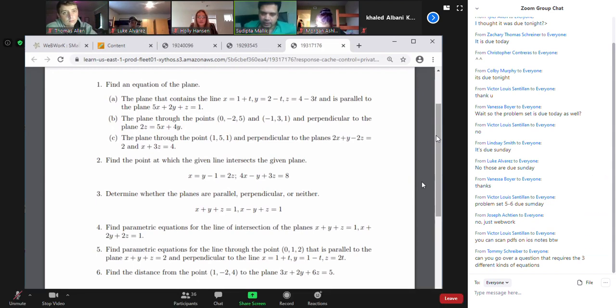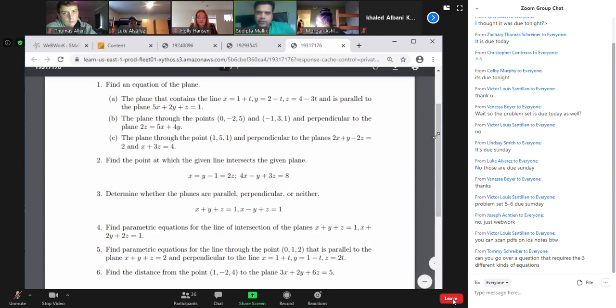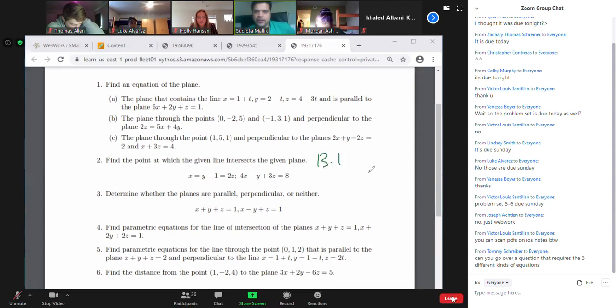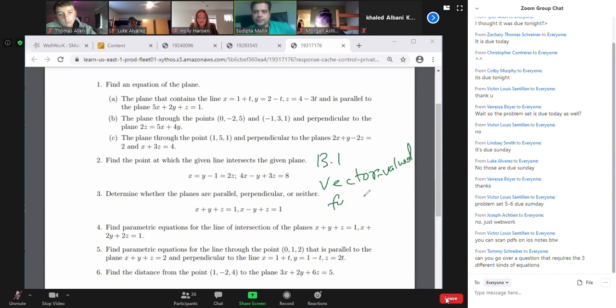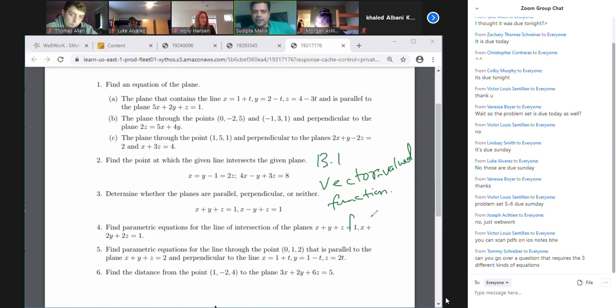Okay then, read about 13.1, which is vector valued functions. So the idea is you already have f of x equals x squared plus 1.